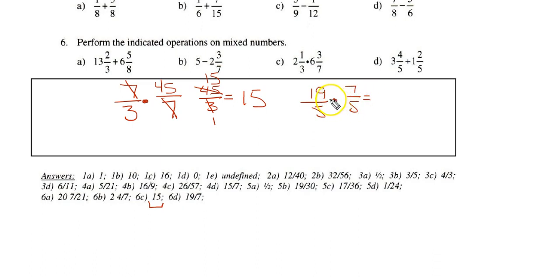But that was division here, I should say. We didn't do multiplication yet. So it'll be 19 fifths. Now I change it to multiplication. I flip, take the reciprocal. And then here the 5s are 1. The 5s cancel out. And I end up with 19 sevenths.